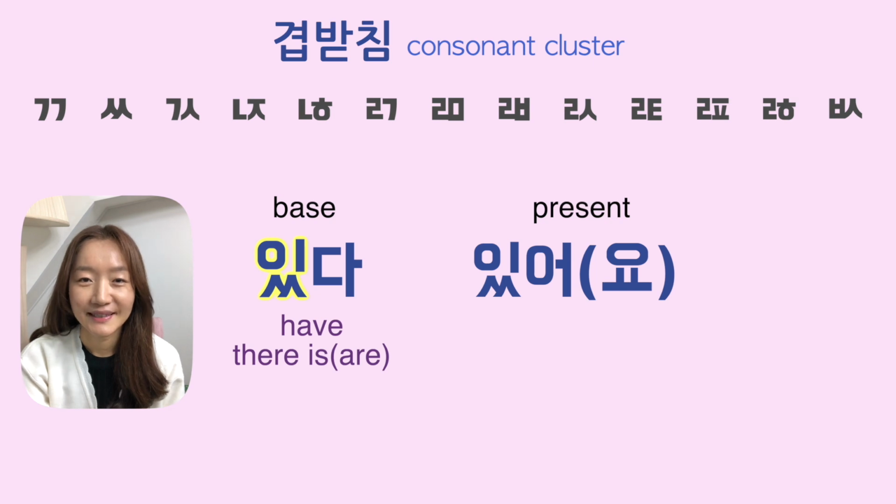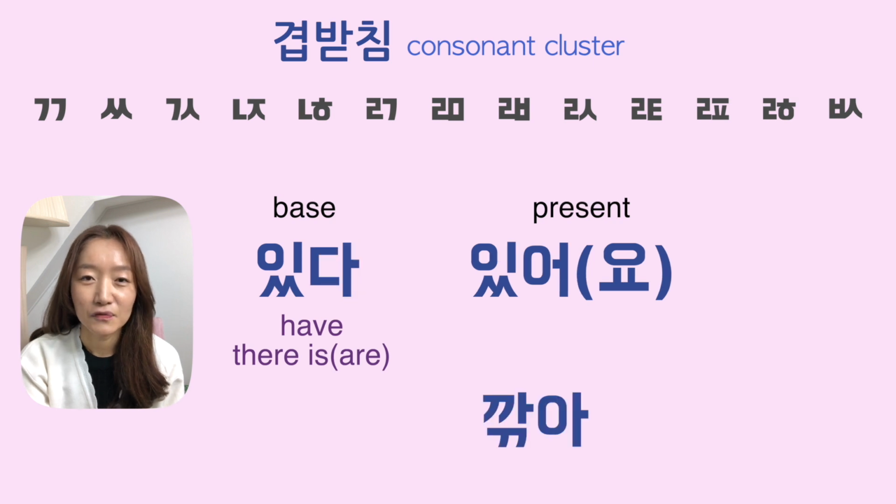Next word. 있다. 있다 means to have or there is, there are. 있 is the verb stem. 다, of course, verb ending. So remove 다 and then we can make some conjugations. Earlier for 깎아, because 깎 has ㅏ, the vowel, we use 아, same 아.